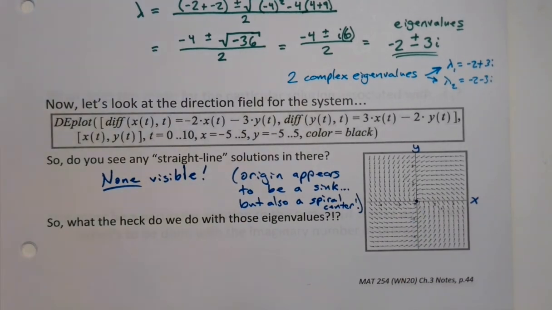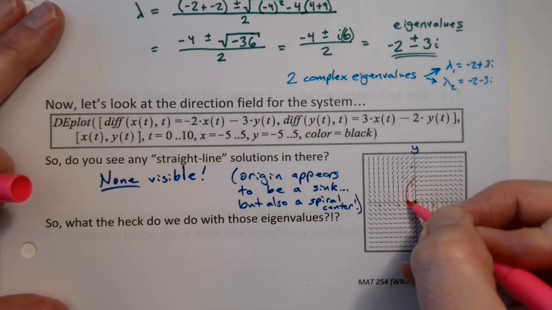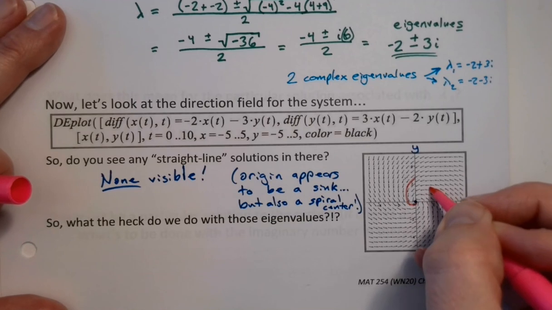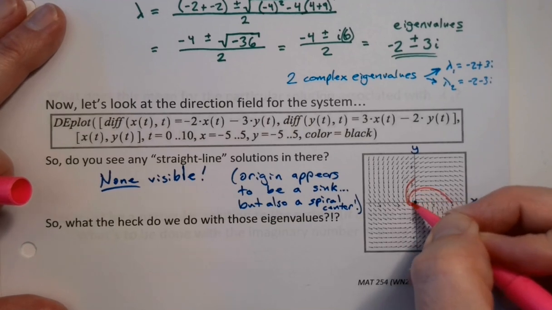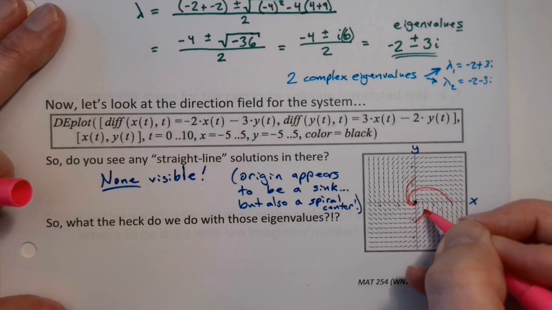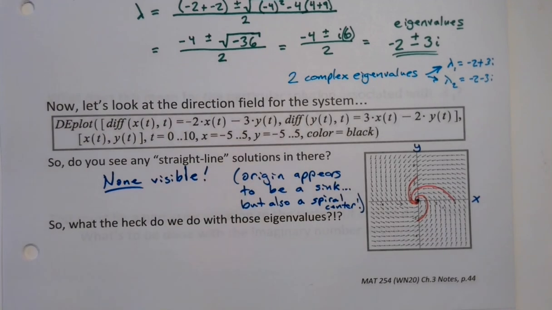If you start an initial condition up here, they head like that. If you start an initial condition over here, they'd head like that. Start an initial condition down here, they'd get pulled in like that. So no matter where you start on this phase plane, it appears that every single solution curve is going to head towards the origin. So what the heck do I do with these eigenvalues?